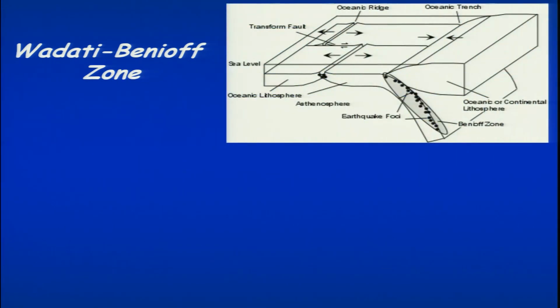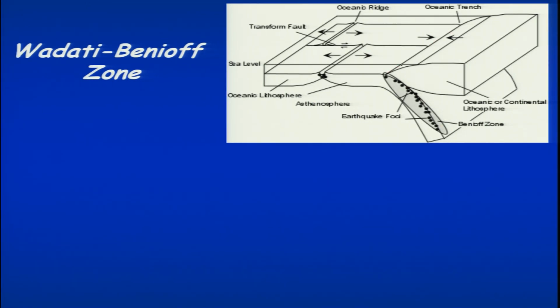Now this can be further explained with the help of the Wadati-Benioff zone. Okay. Basically, if you are talking about the different types of earthquakes, in terms of the focus of the earthquakes, how deep they are occurring along the plate boundary. Okay.